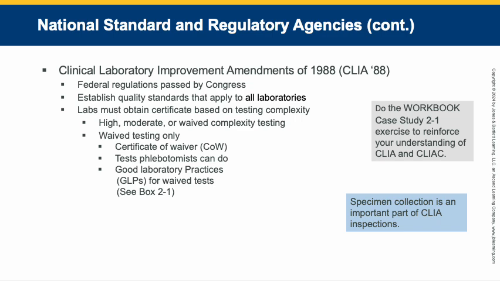You need to know that there are 3 levels of complexity, 3 categories. You have waived. Waived means they are simple and have a low risk of error. An example of a waived test would be a pregnancy test you can get at Walmart. You actually have very little room for error, because what does it say?